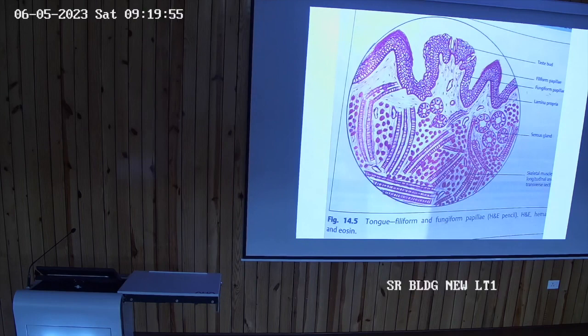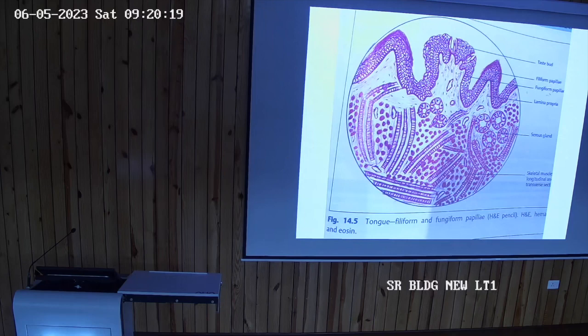Lamina propria is a connective tissue which can contain lymph nodes, blood vessels, like that. Depending upon the section, the lamina propria may contain lymphatic tissue or nervous part.